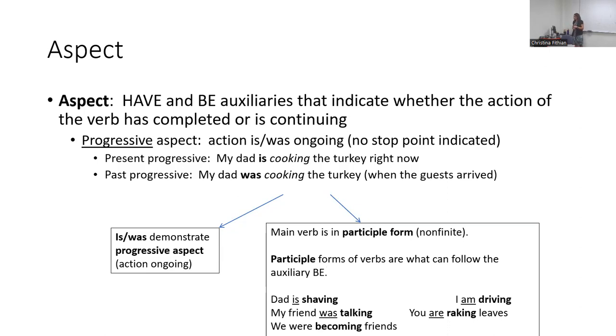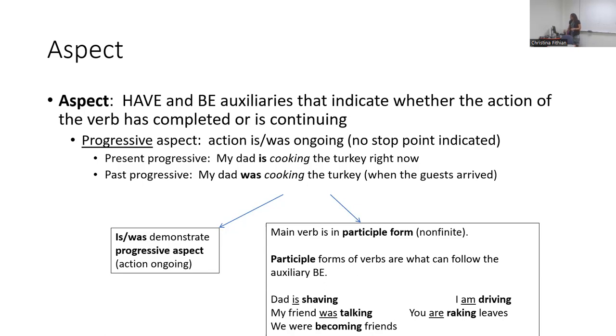So that one's consistent. So I can say Dad is shaving. My friend was talking. We were becoming friends. I am driving. You are raking leaves. In all of these instances, we see auxiliary be in various forms, and then we have a verb after that that's going to have an ing on the end of it. So that one's pretty consistent.